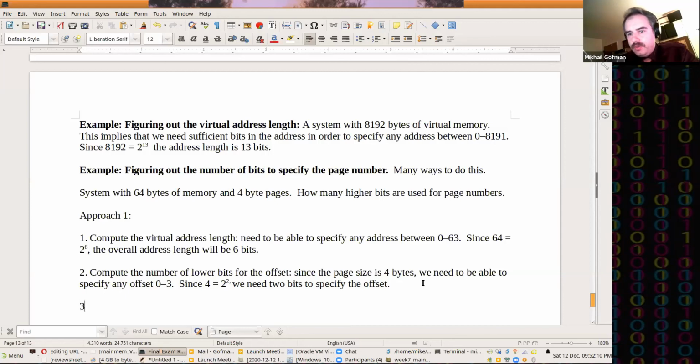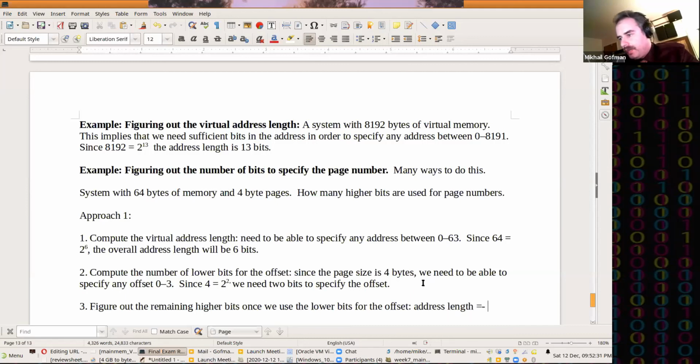And then 3, figure out the remaining higher bits once we use the lower bits for the offset. Well, we know the address length minus offset length.